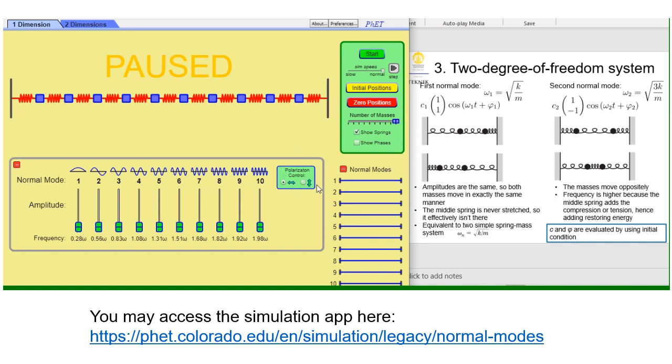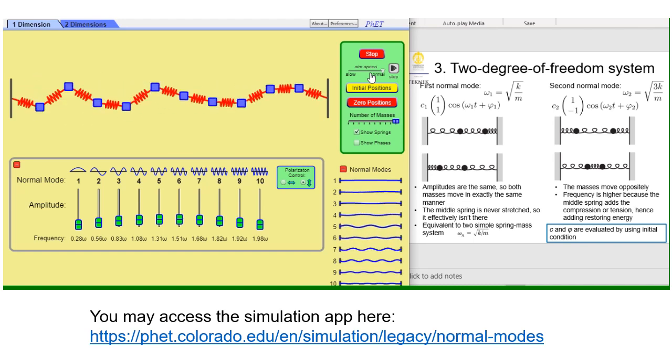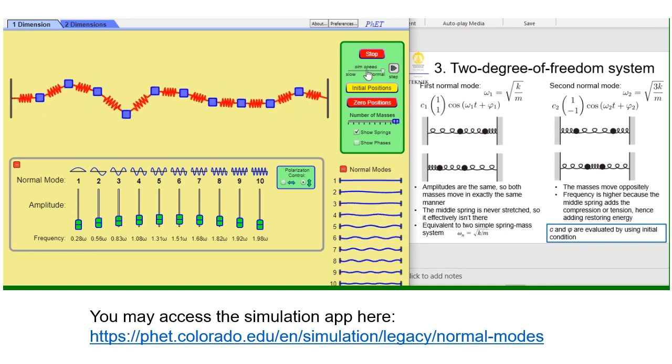You can also try different polarization control. You can hit this button, and now the movement of the mass, instead of going left and right, is going up and down. So for instance, with this initial position, it's going to look like this. But essentially, it is the same thing as the left and right motion.